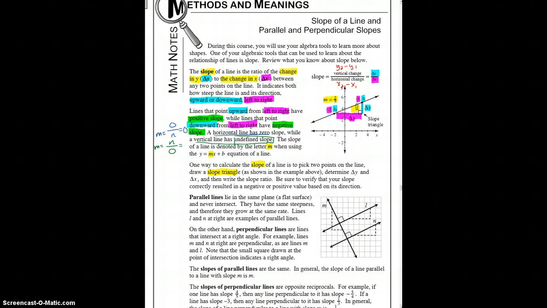Determine the change in y and the change in x. Now, in determining change in y and change in x on a coordinate grid, you're simply counting left to right and up or down.